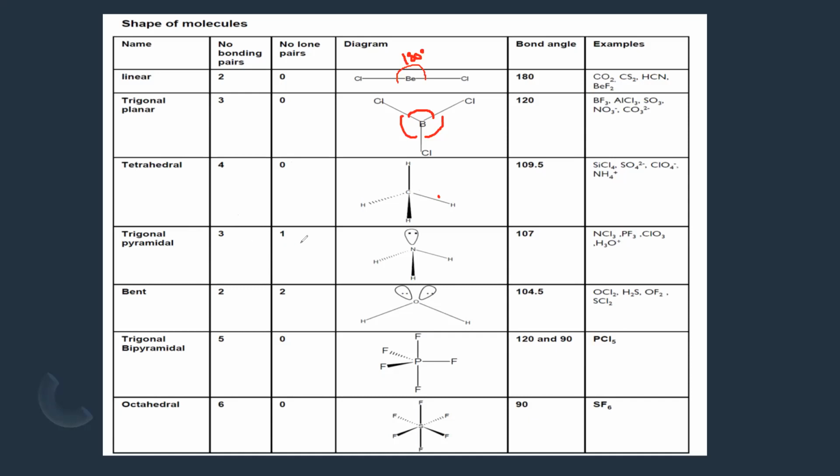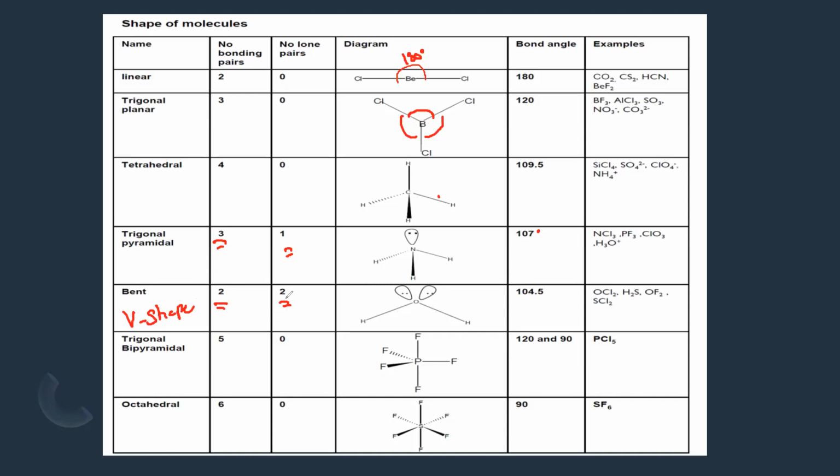If there are three bond pairs and one lone pair, the same example which we did just now, that's called trigonal pyramidal with a bond angle of 107. If there are two bond pairs and two lone pairs, then the bond angle will be 104.5, and the structure is known as bent, or you can also say V shape.